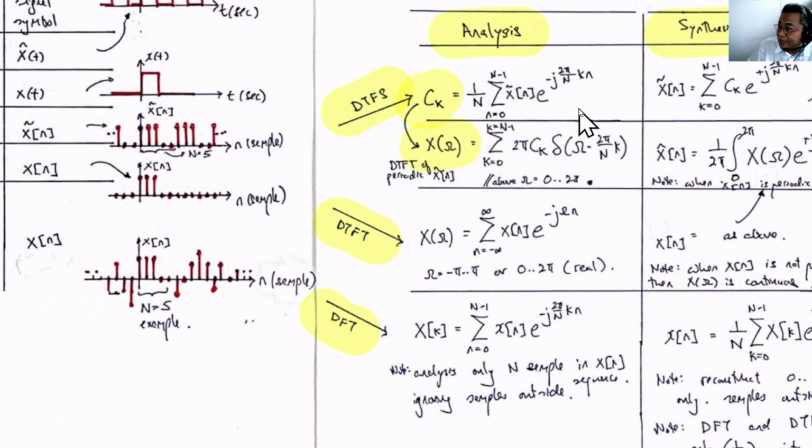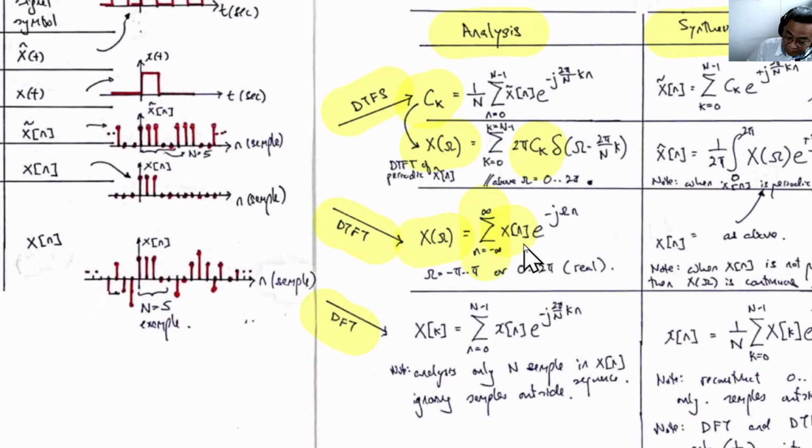The real trick is that you can see the CK, which is the representation in frequency for DTFS, is reused in DTFT. Right, what about DTFT itself? The direct equation to use DTFT is to perform a summation from minus infinity to infinity of all time of the signal x of n.